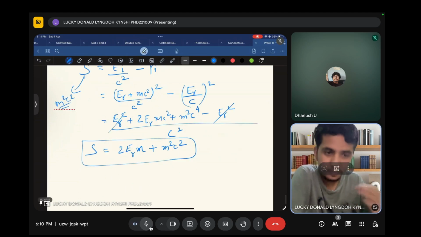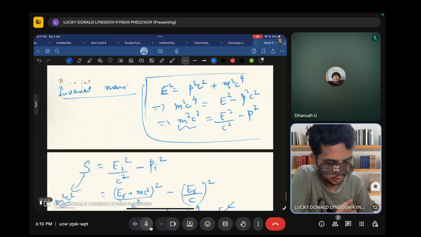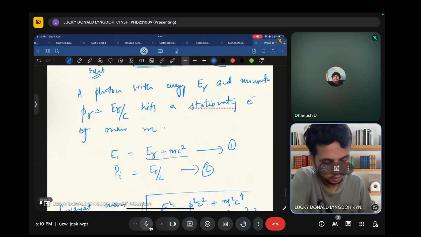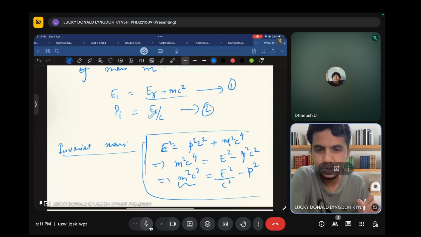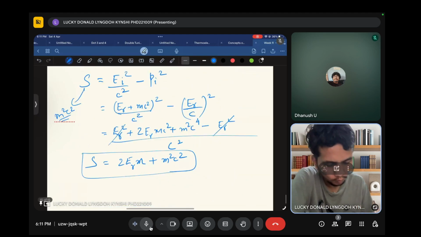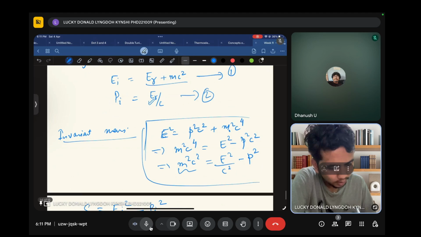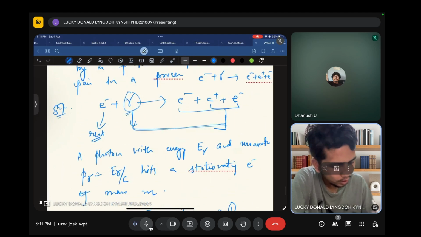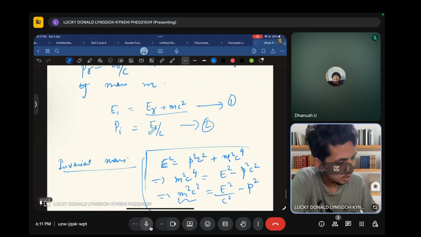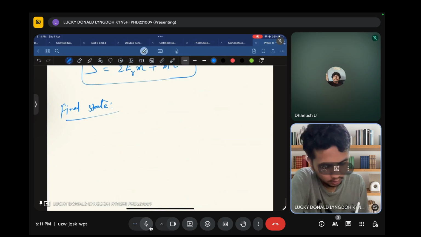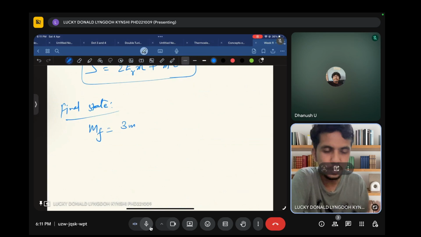Now what happens after the reaction? It is asked to determine the minimum amount of energy, which means you have to find E gamma. For the final state, you now have three particles, your electrons and your positron, moving together, and the total mass will simply be 3m, because each of them has a mass m.